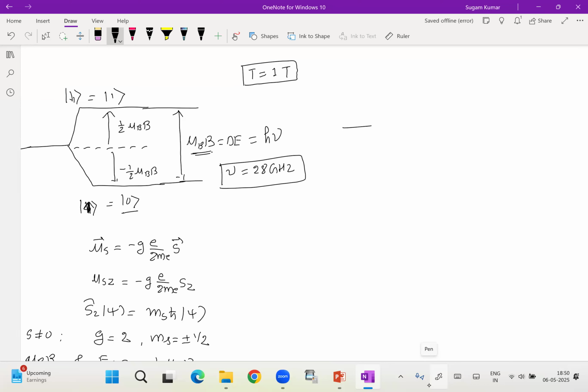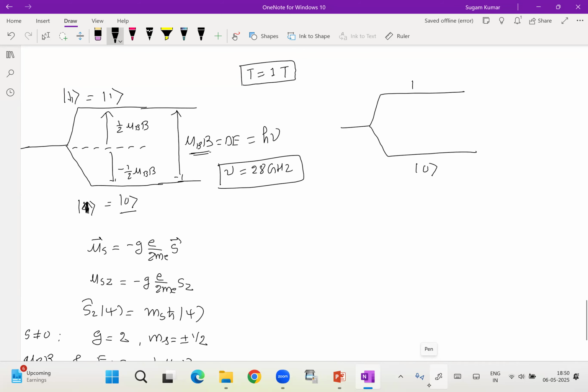So in principle, there are two spin states, one is the 0 state and one is the 1 state, and the separation between these two states corresponds to a frequency of 28 gigahertz.